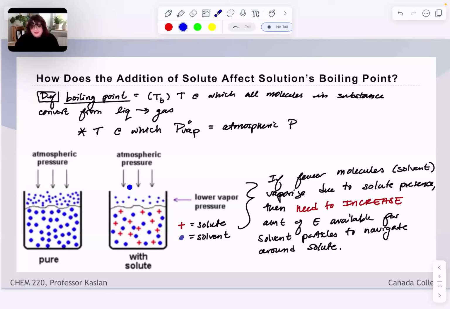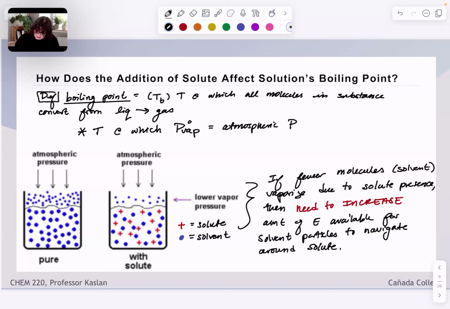So this means that the point at which all of our solvent particles that are in solution have made it up into the vapor phase is the point at which we've boiled. So we've got to add more thermal energy in order to get every single one of those molecules into the vapor phase.